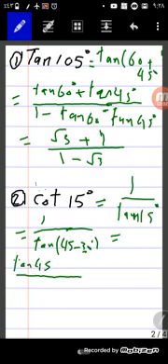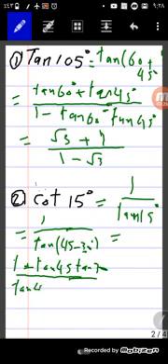Sorry, 1 plus tan 45 tan 30 over tan 45 minus tan 30.